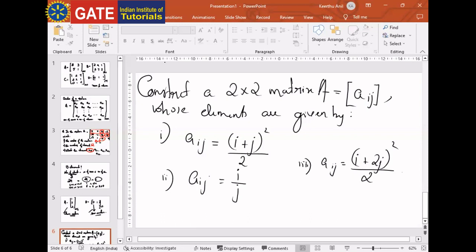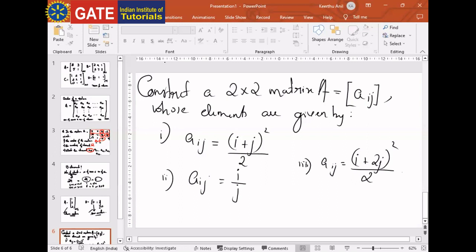Then how will we get the elements if these are the equations for that? Now Aij equals (i plus j) the whole square by 2. Let me ask you what will be the value for A11? Our element is generally represented as Aij, in which i represents the row number and j represents the column number.